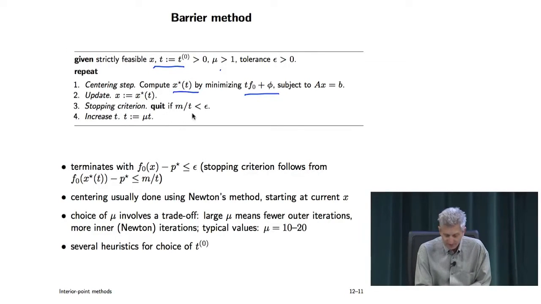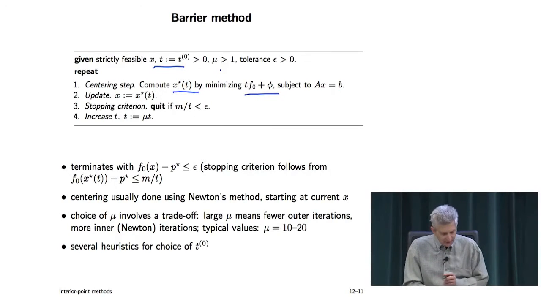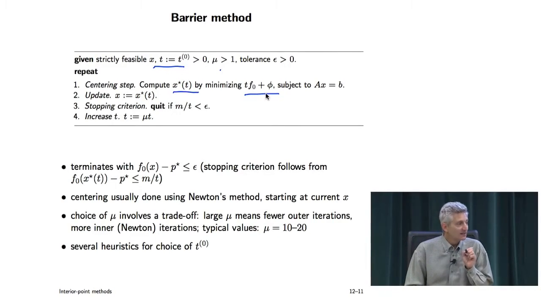And then you're going to quit if m over t, which is exactly the gap, is less than epsilon. And then you would return, by the way, both x and the dual points, because that's what you should return. If you write a solver, you should return the dual points as well. Okay, and you increase t. Now, the key here is that you use Newton's method to minimize this, starting from the last point. That's the key.